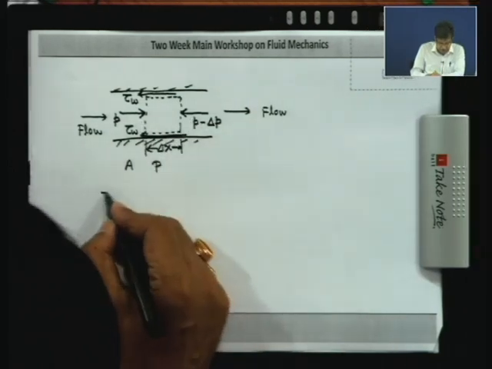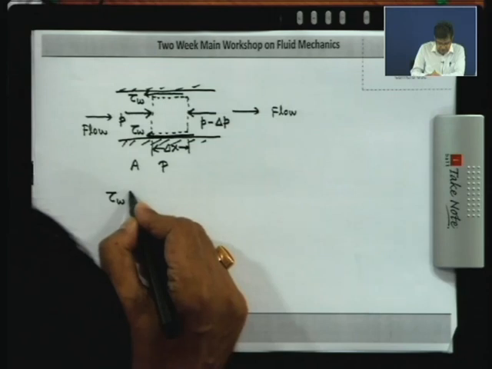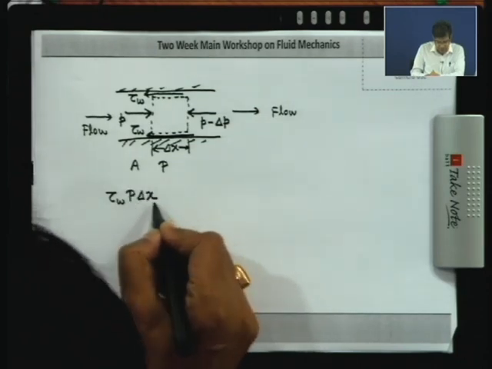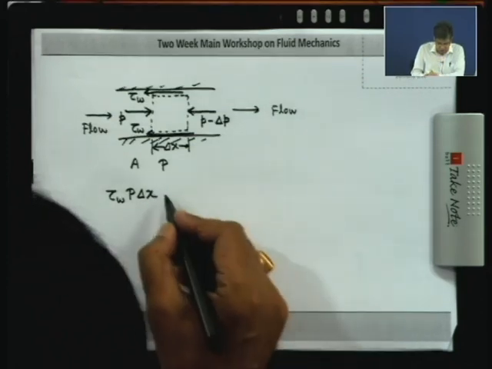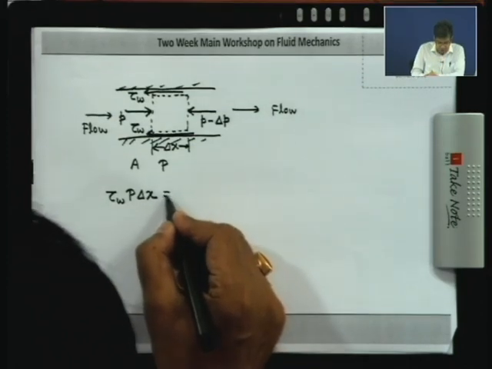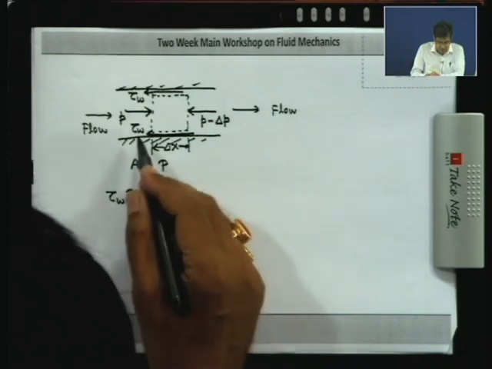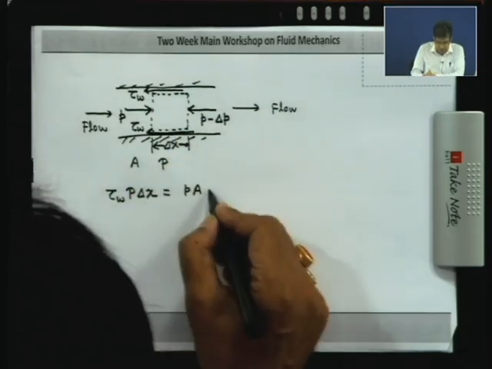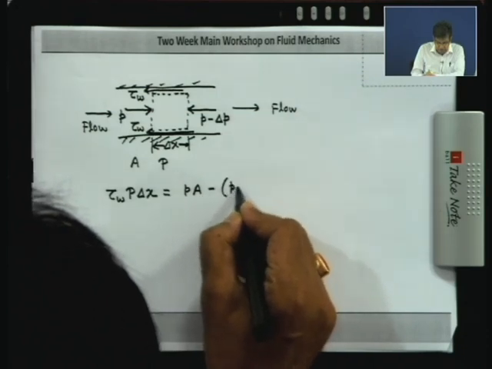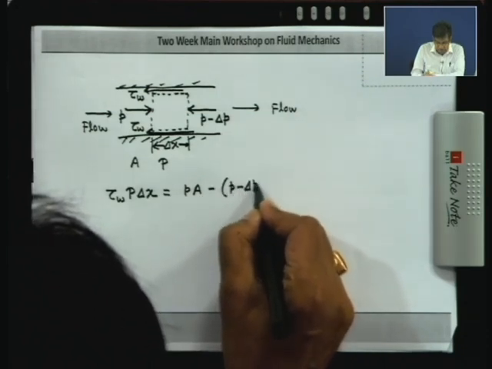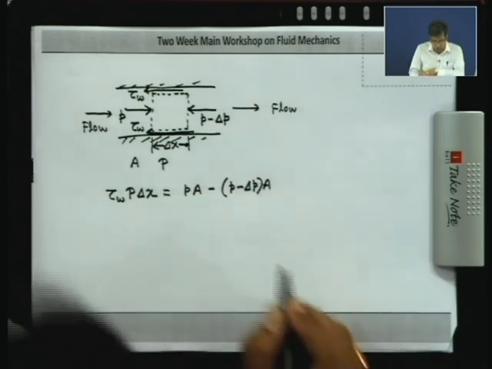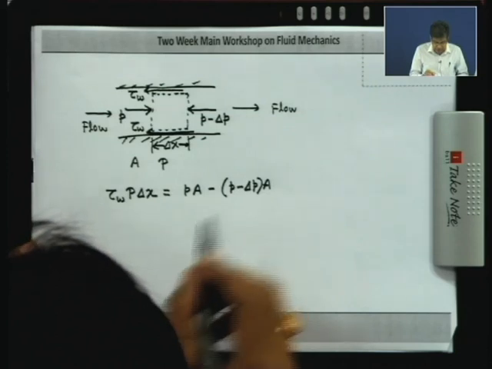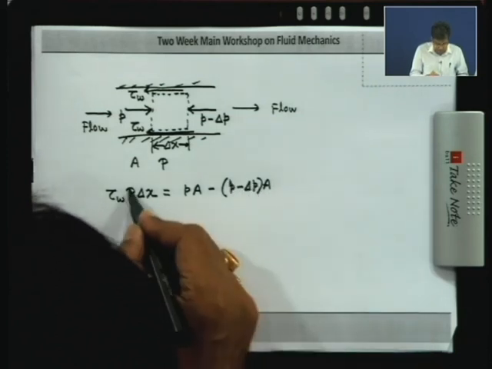We can write that the shear stress times the perimeter times delta x, this is the surface area over which the shear stress is acting, equals P into A in this direction minus delta P into A. So, if you write this, this small p is pressure and big P is the perimeter.